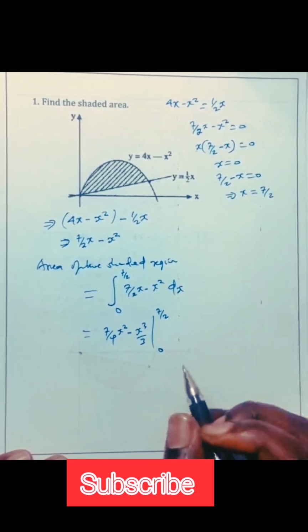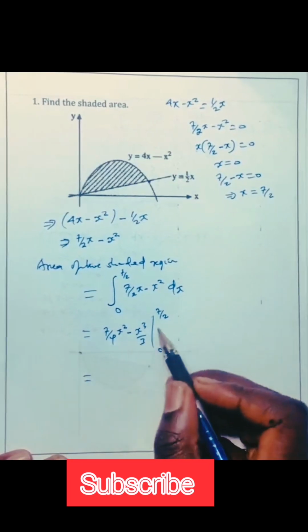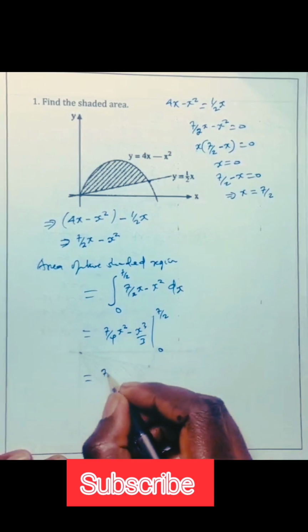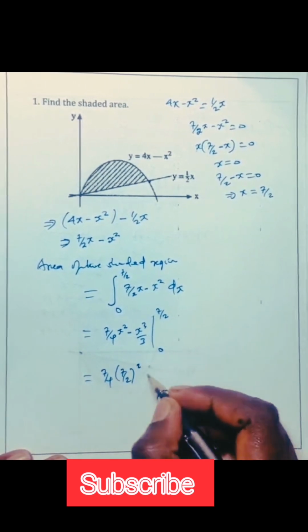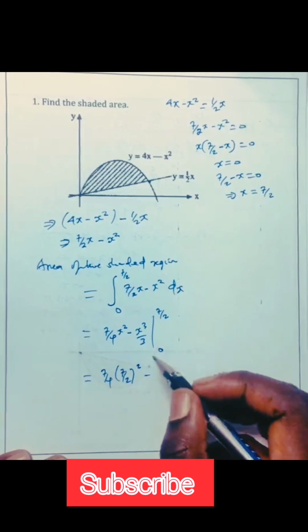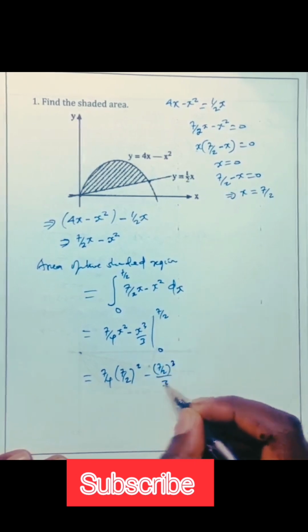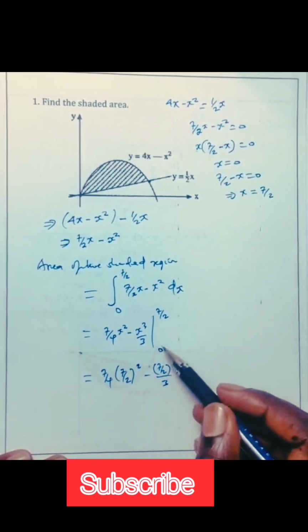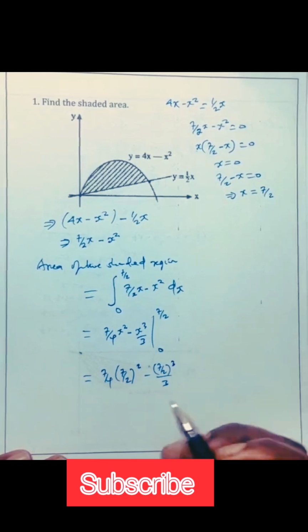Okay, so we're just going to substitute the values of x. When x is 7 over 2, we have 7 over 4 into 7 over 2 squared minus 7 over 2 cubed over 3, and then minus 0. When x is 0, we have a 0 there, so there's no need of including that.